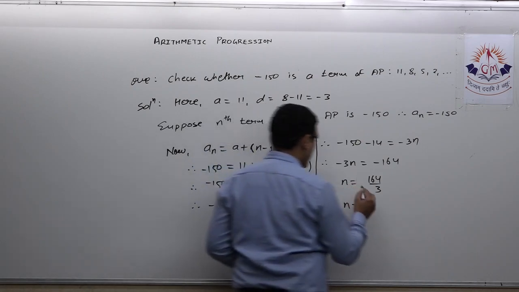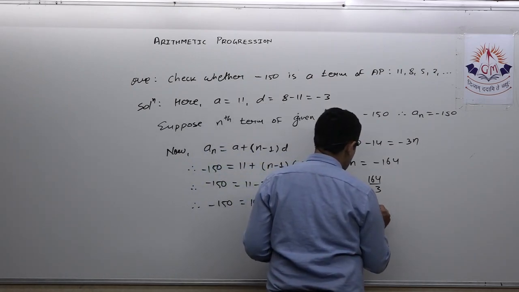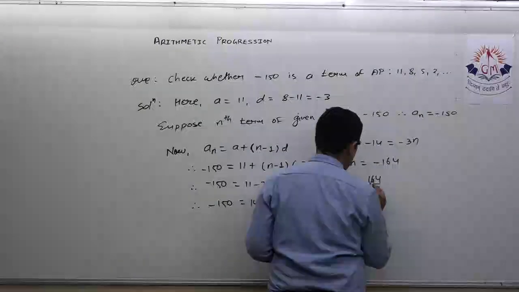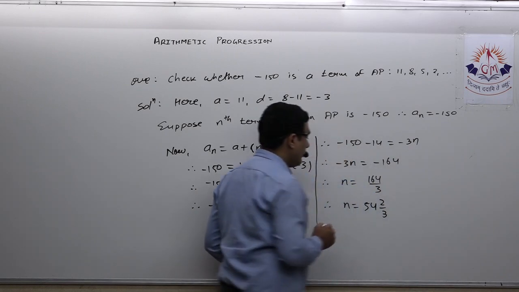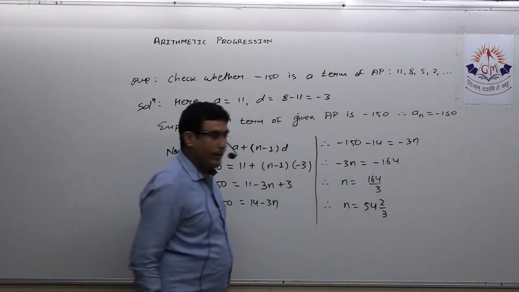If you divide this, you will get 54 integer 2 by 3.